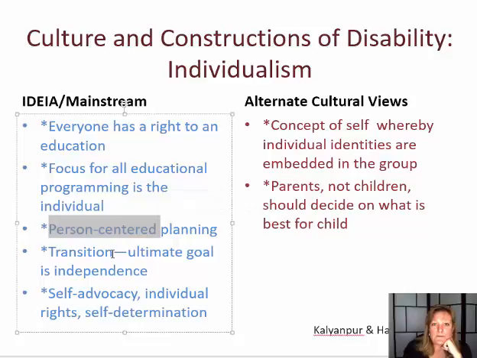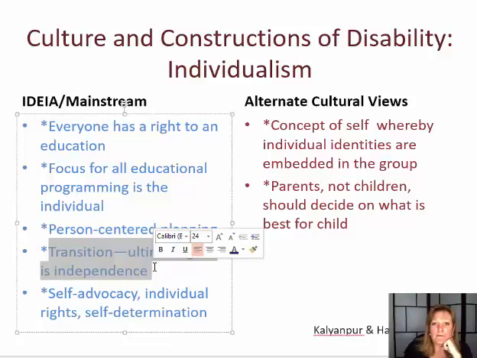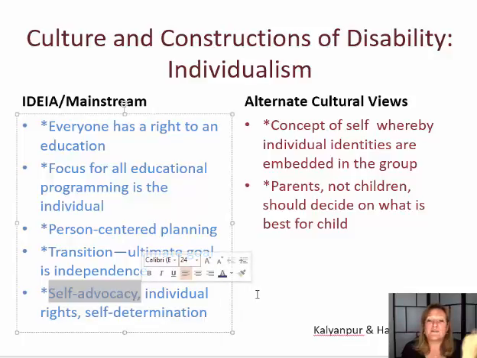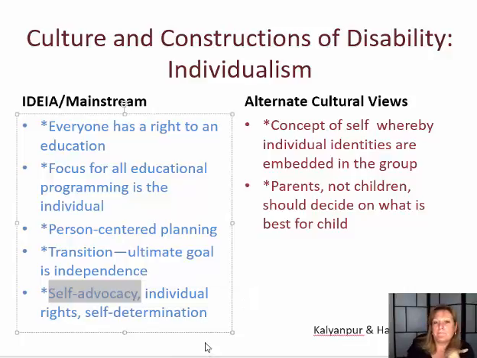In transition from school to adulthood, in IDEA, the ultimate goal is independence. We're looking for children and students to develop the independence to live on their own. And these core concepts of self-advocacy, individual rights, and self-determination are embedded into the law and how we construct the IEP and evaluate students moving forward.